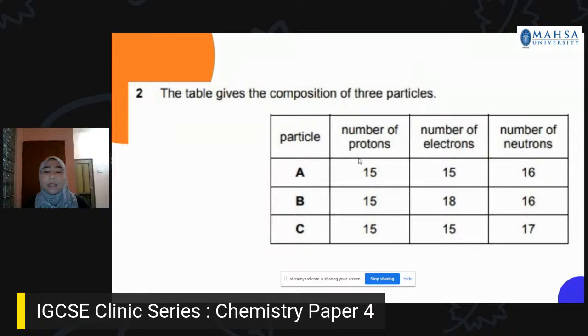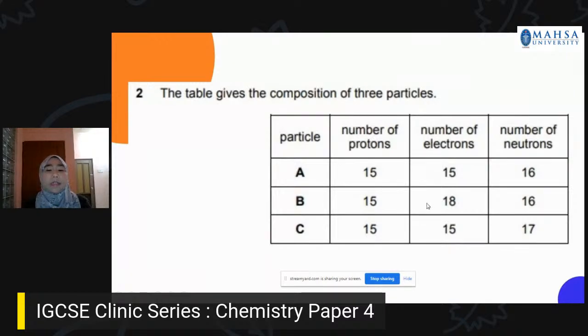A particle will be considered neutral when the number of proton is equal to the number of electron. For example, A, is it considered an atom? Yes, because the number of proton is equal to the number of electron. How about C? Is it considered an atom? Yes, because proton equals electron. But for this one, it's not equal.